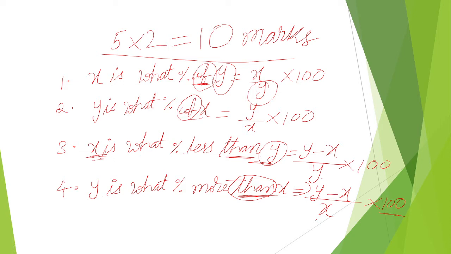Next, one more formula is percentage difference. Suppose they give some question like this: in 1990 the growth is 95 percent, and in 1995 the growth is 80 percent.